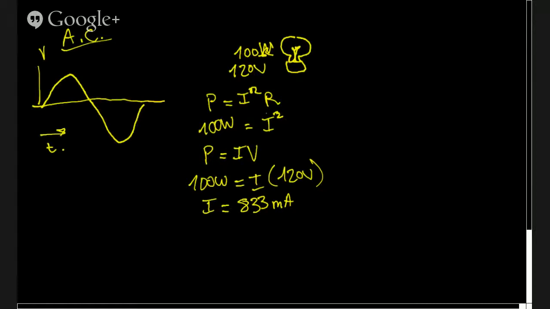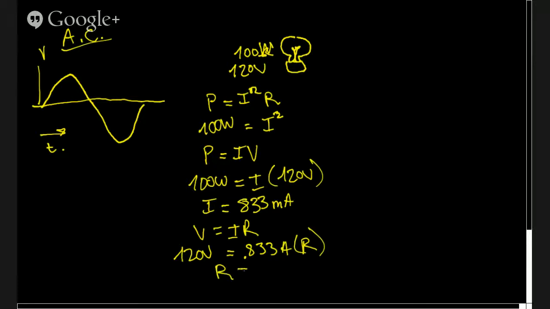All right. So we know how much current we have going through here. Let's find resistance. So V equals IR. Got 120 volts through a load consuming 0.833 amps, our unknown resistance.